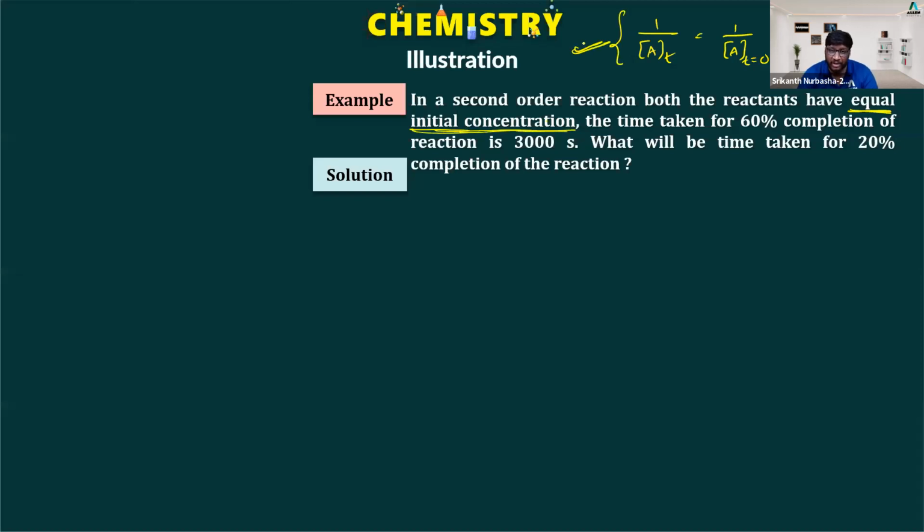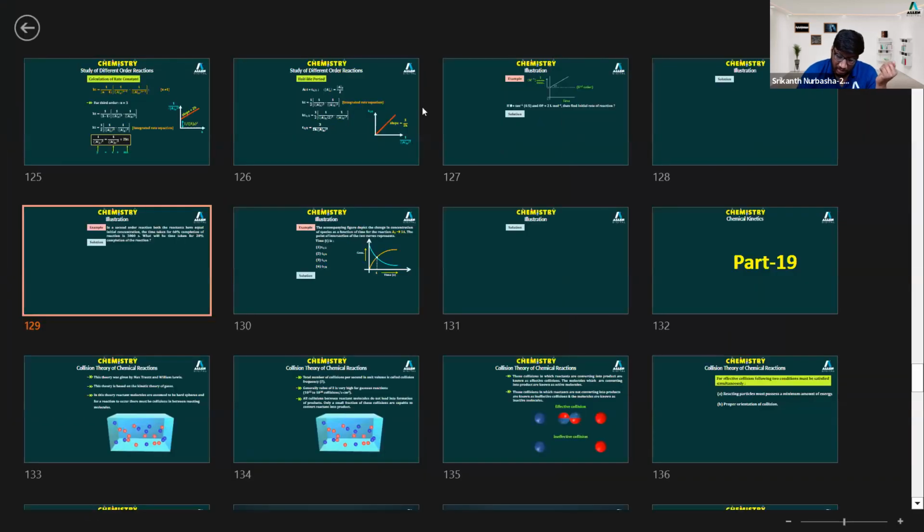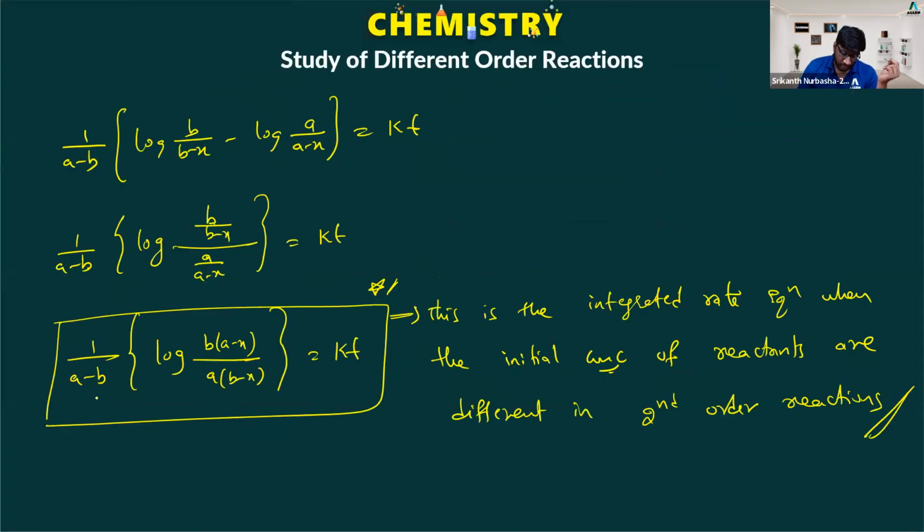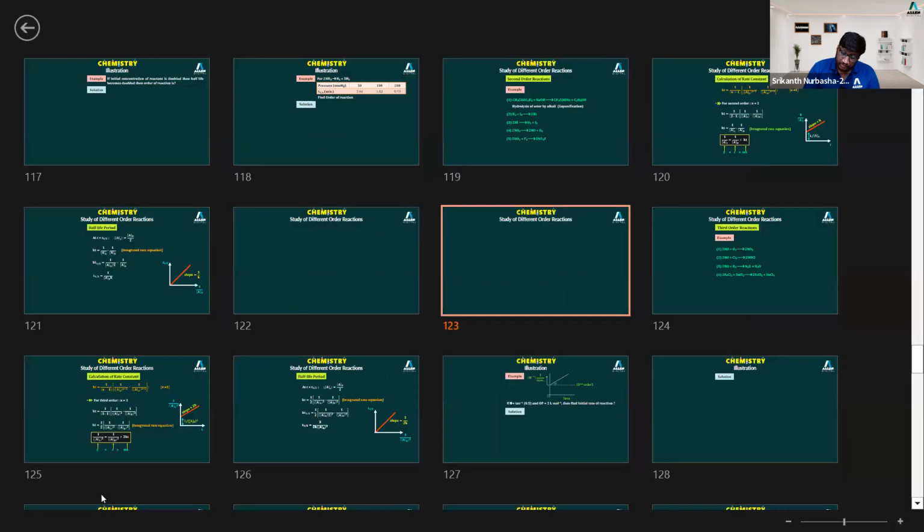If both the reactants have unequal concentration, then we use the equations we derived earlier: 1 by (A minus B) into logarithm of B into (A minus X) by A into (B minus X) is equal to Kt. This we have to use.